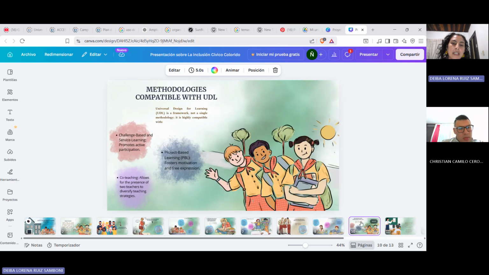Methodologies compatible with UDL. Universal Design for Learning is a framework, not a single methodology. It is highly compatible with challenge-based learning, inquiry-based learning, which promotes active participation, and project-based learning, which fosters motivation and free expression.